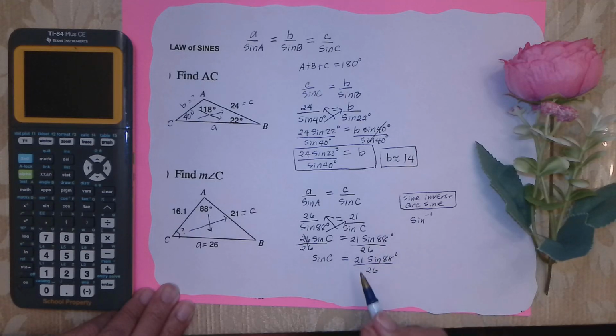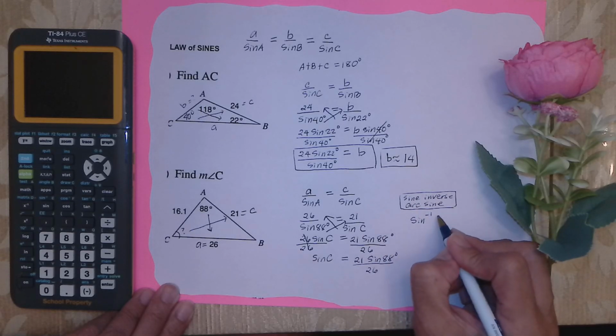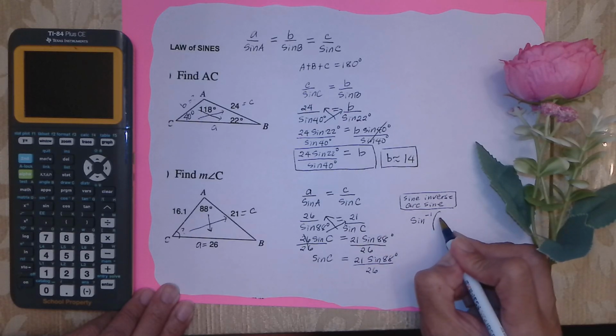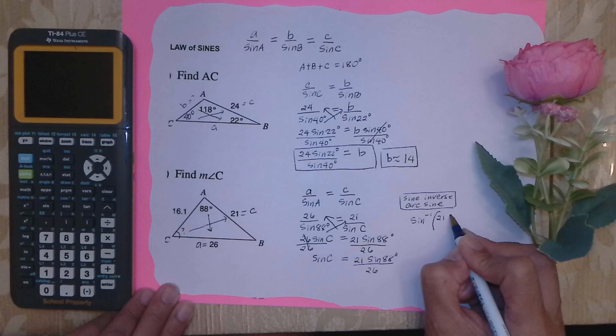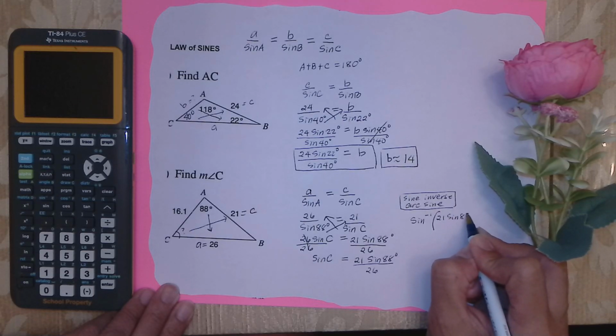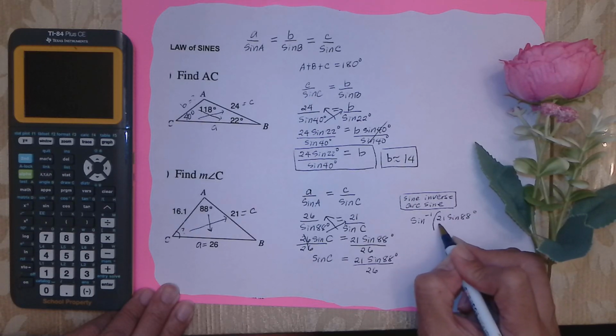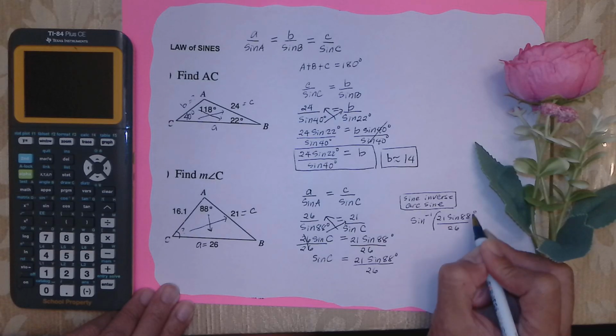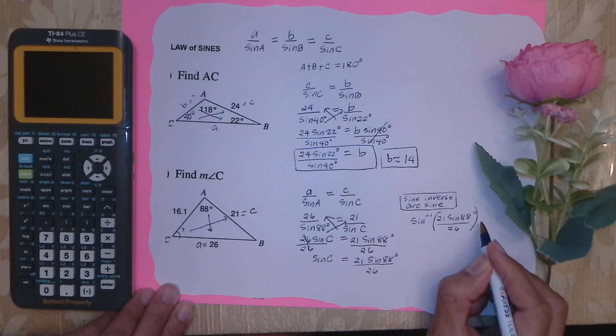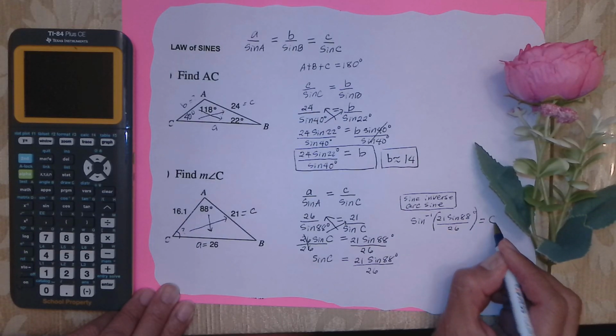Sine inverse of, whatever number you have on the other side of the equation, you're going to place inside the parentheses: 21 sine 88 and then divide it by 26. This gives you the exact value of angle C.